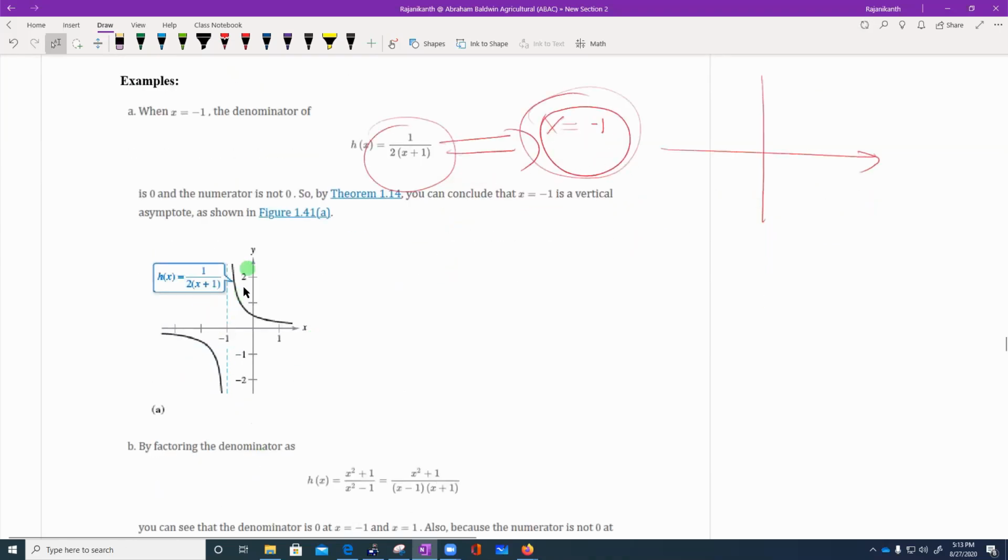When you draw the curve, look at the curve. The curve has a discontinuity at -1, right? There are two pieces of the graph. When x approaches -1 from the right, the function is getting positive infinity. When x approaches -1 from the left, the function is going down to negative infinity.